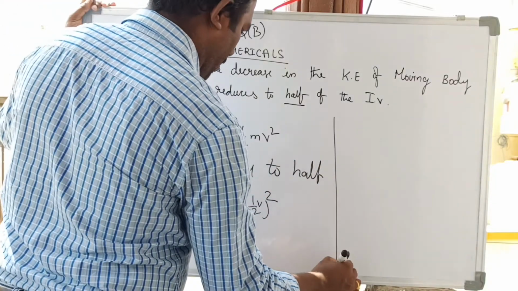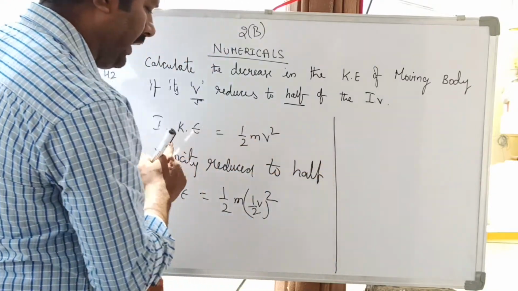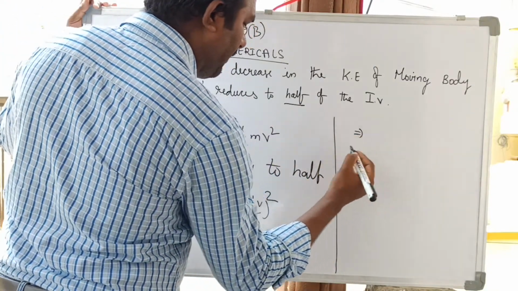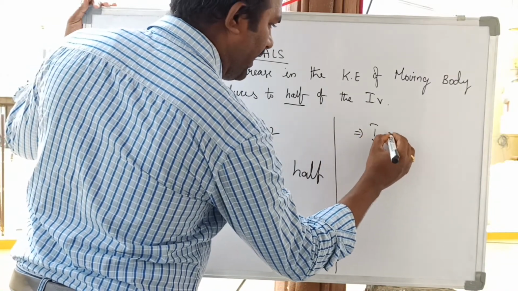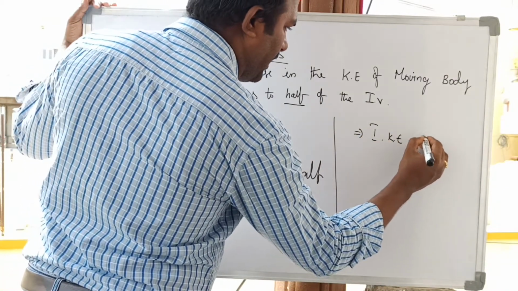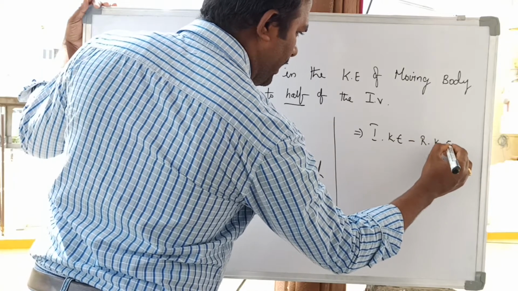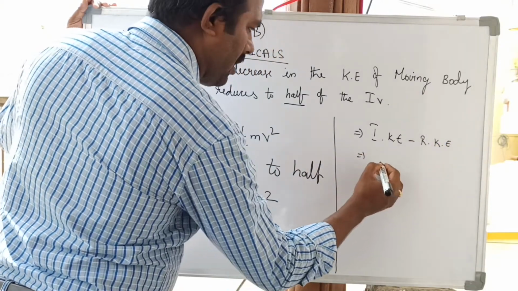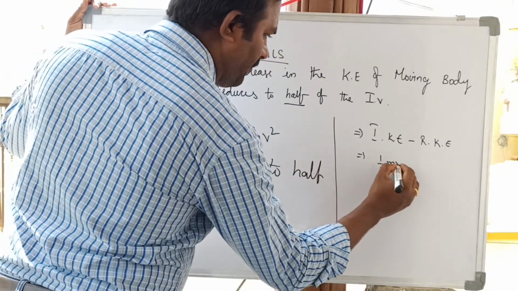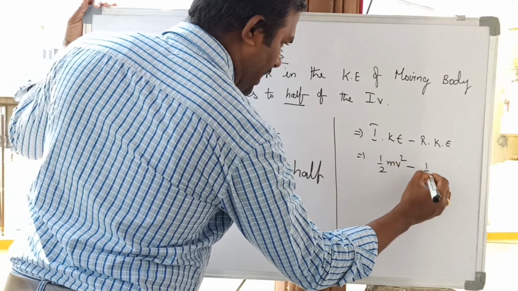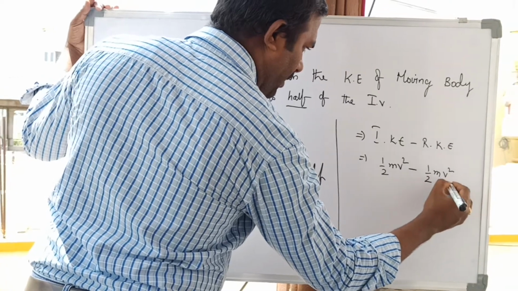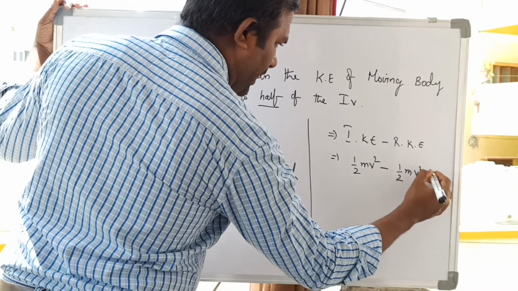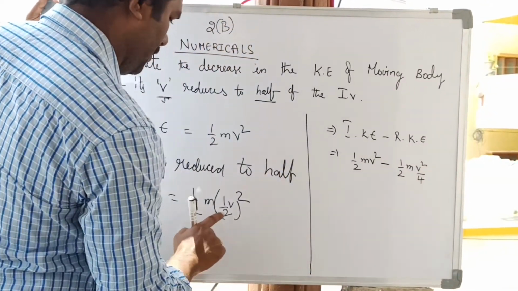The velocity is reduced from the initial velocity. So initial kinetic energy minus reduced kinetic energy is equal to half mv square minus half mv square by 4. Is this correct? 2 whole square is 4.